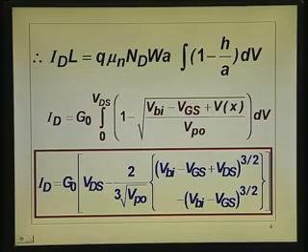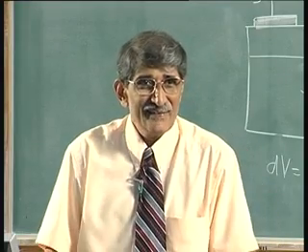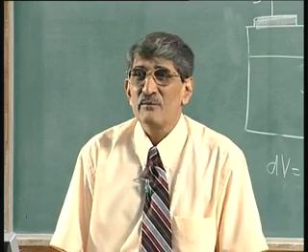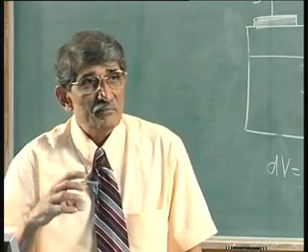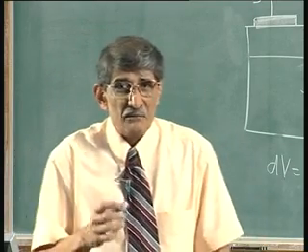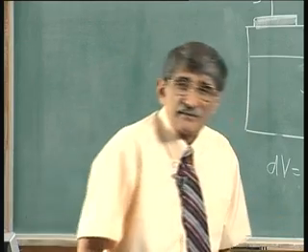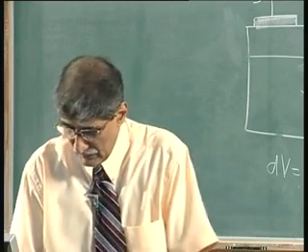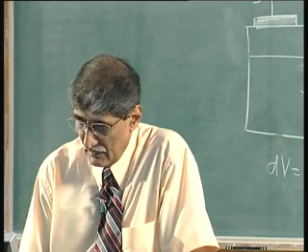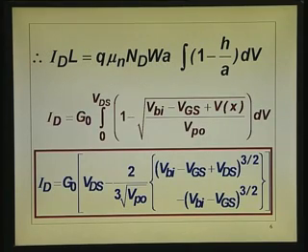So, this term will be haunting us for some time. This particular thing we will have to deal with and modify it to bring it to the shape that we usually see. So, let us do that. First thing, how will this particular term, I_d versus V_ds, behave?